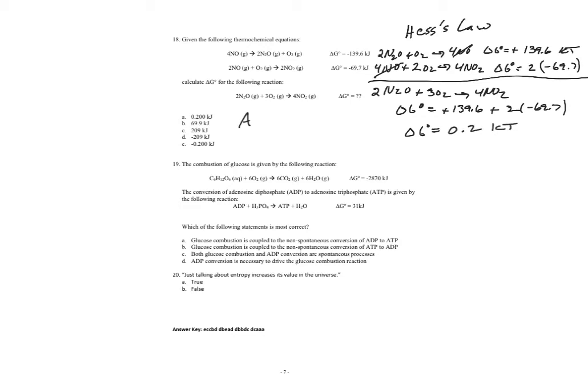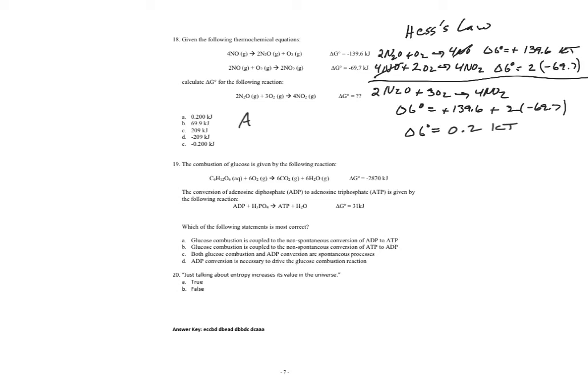Okay, number 19. The combustion of glucose is given by the following reaction. It's very exothermic. The conversion of ADP to ATP is given by the following reaction, which is positive. So notice I have a really exothermic reaction, and a positive delta G for ADP to ATP. Which of the following statements is most correct?